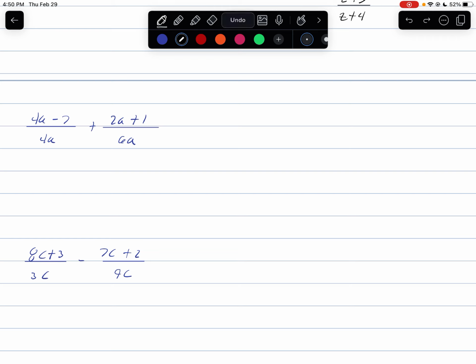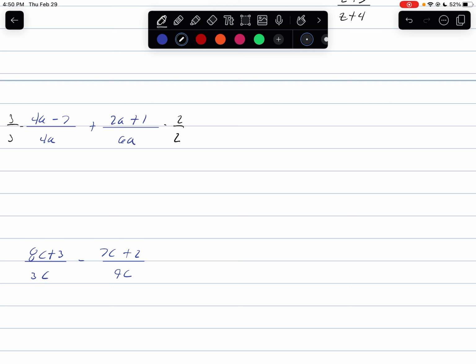If you were to multiply the right one here by 2 over 2 and the left one by 3 over 3, that would make sure that we get a common denominator of 12a. Okay, because if you multiply the left denominator by 3, you get 4a times 3, which is 12a. And here we get 6a times 2, which is 12a.